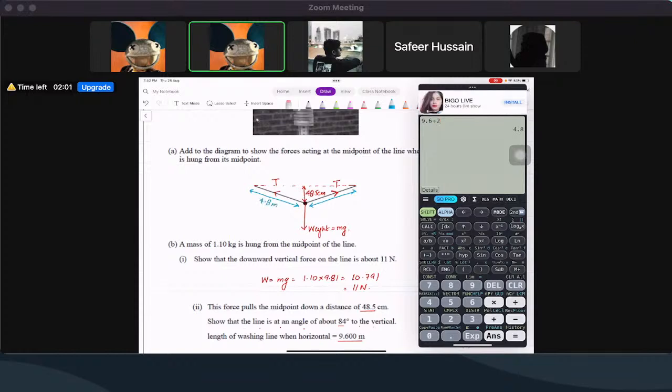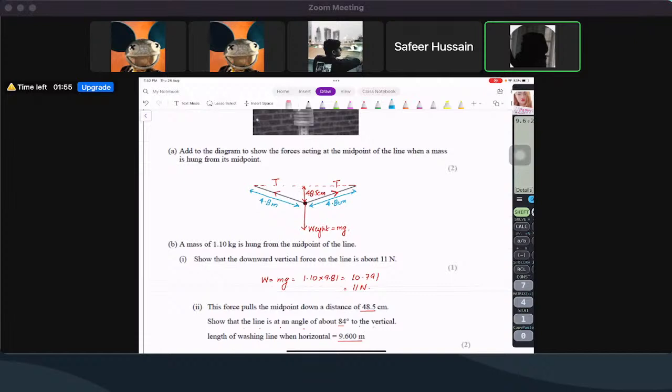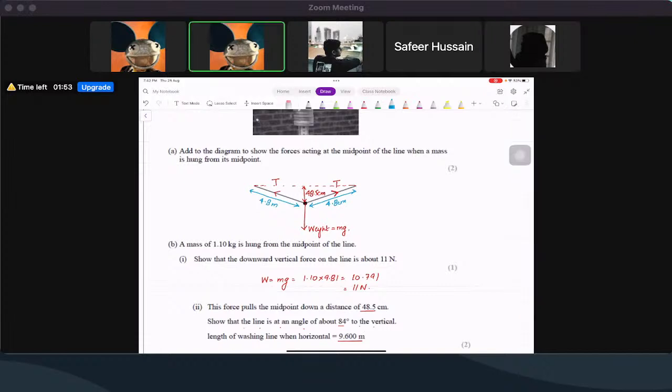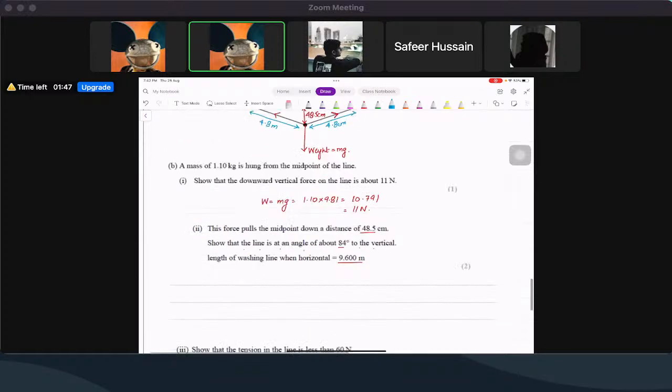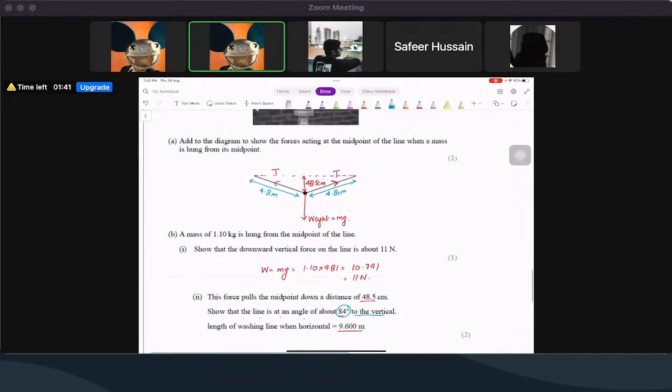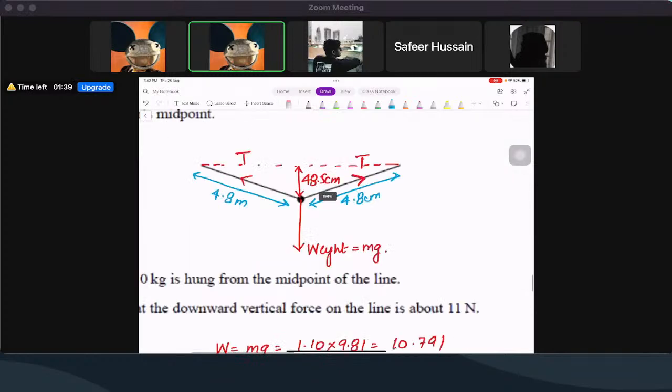Do you understand, Ariba? Yes, sir. Okay, good. Now what they want us to find is that the angle is about 84 degrees to the vertical, which means we want to find this angle. Understood?